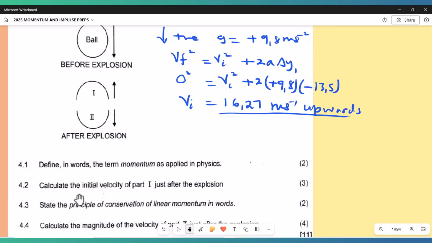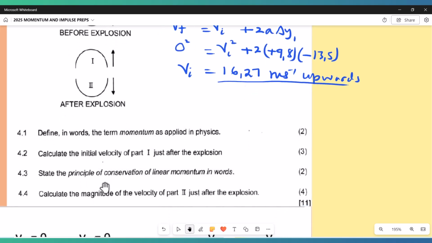Now they say state the principle of conservation of linear momentum in words. The total linear momentum in any isolated system is conserved. Then 4.4: calculate the magnitude of the velocity of part 2 just after the explosion.